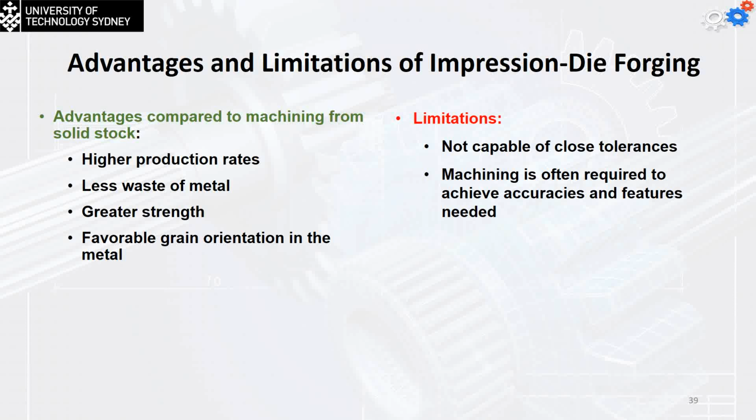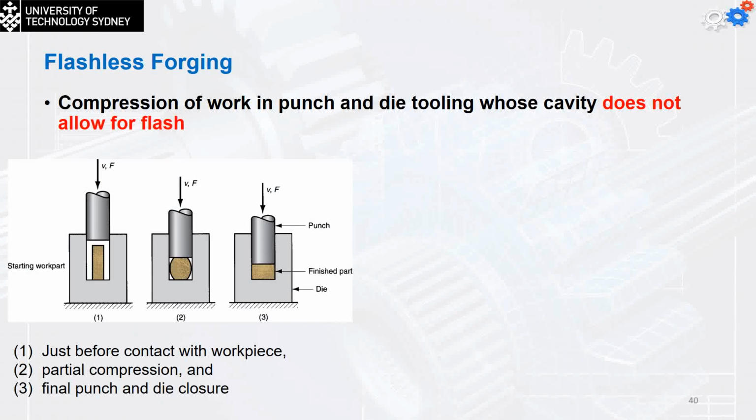The other process is flashless forging, which is done in a closed die process. No flash will be generated. Almost the entire geometry will be as desired. So the starting work volume is going to be equal to the die cavity volume within very close tolerances.